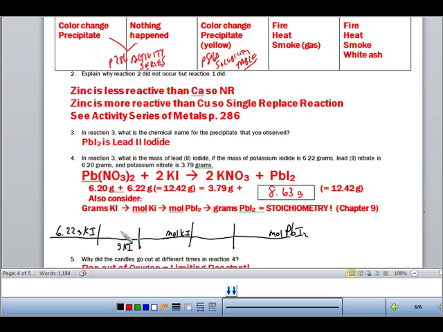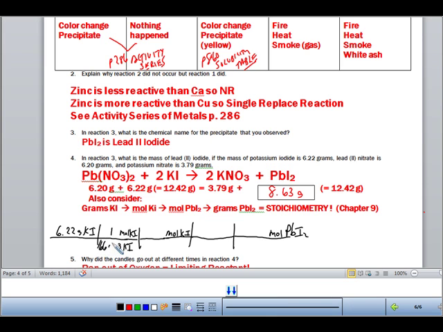So, what we want here then is moles of potassium iodide because it matches the unit of where you're going, okay? And so what is the molar mass of potassium iodide? 1 mole of potassium iodide per 39.10, right? Oh, sorry. That's potassium. It's 166, I'm sorry. Isn't it? It's 39.10 plus 126.90.